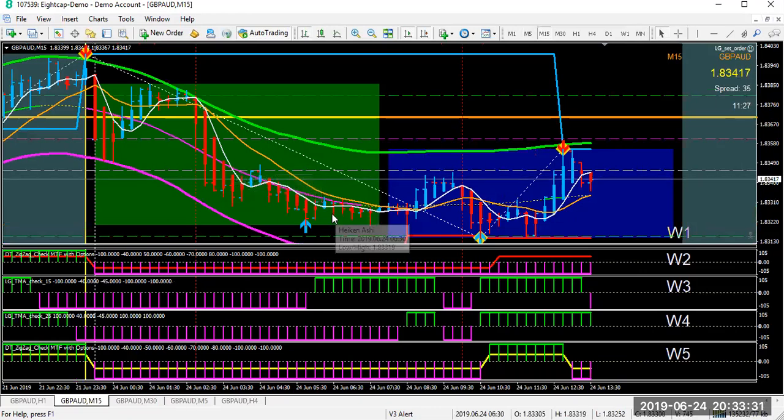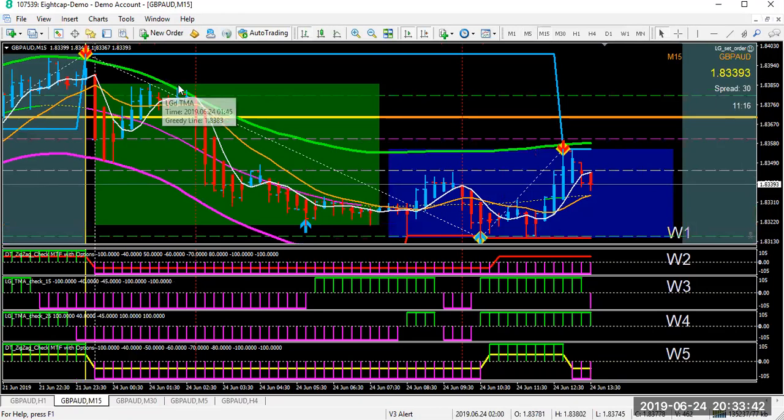A lot of times when we look at the candles and they get smaller, even though we get the riverbank, we're expected to bounce off it.